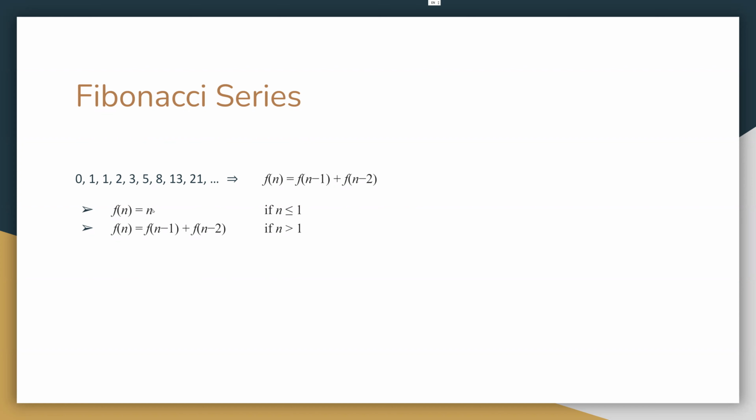For any number, the result of the Fibonacci function is the sum of the previous two numbers. Every number is the same; you basically repeat this pattern.